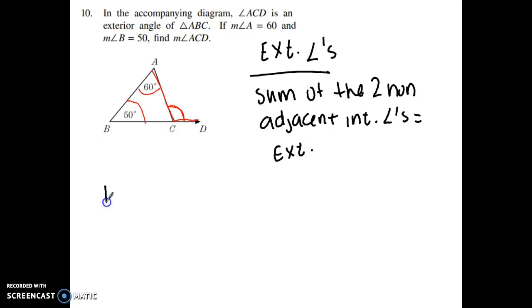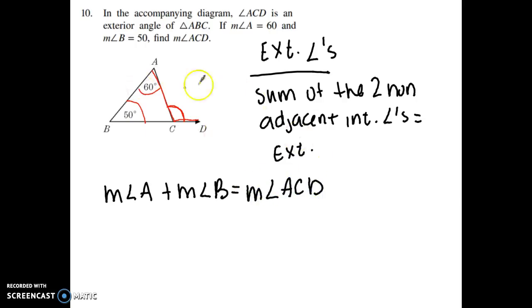So in this case, we would say that the measure of angle A plus the measure of angle B has to be equal to the measure of angle ACD, which is that exterior angle.